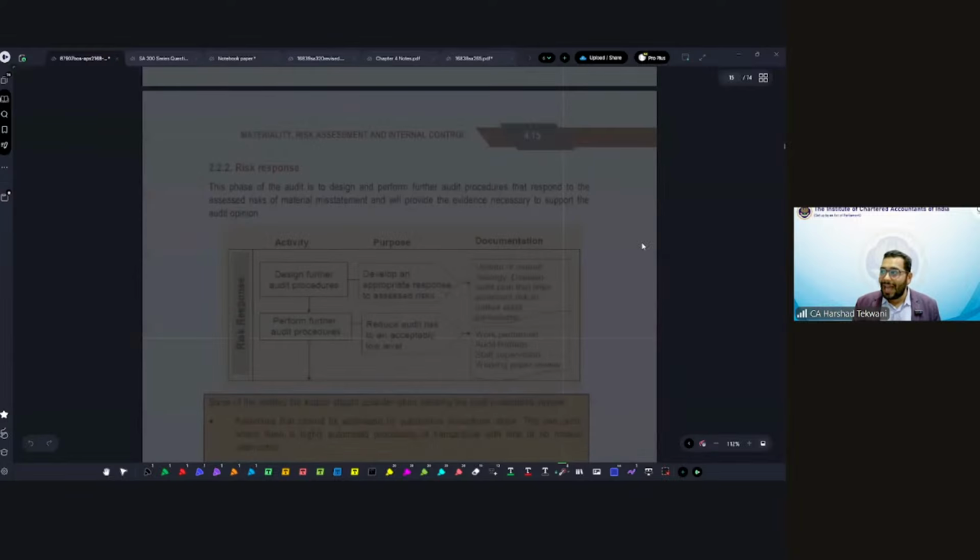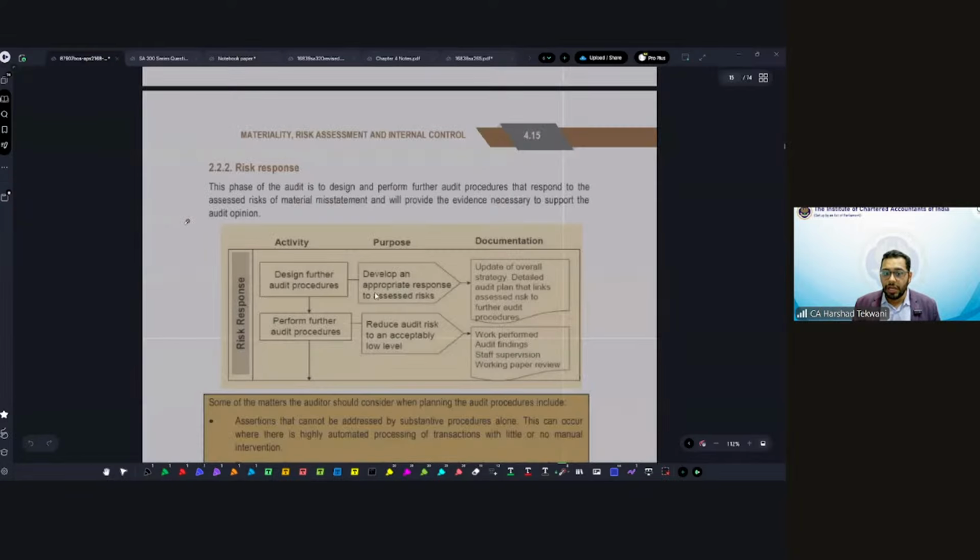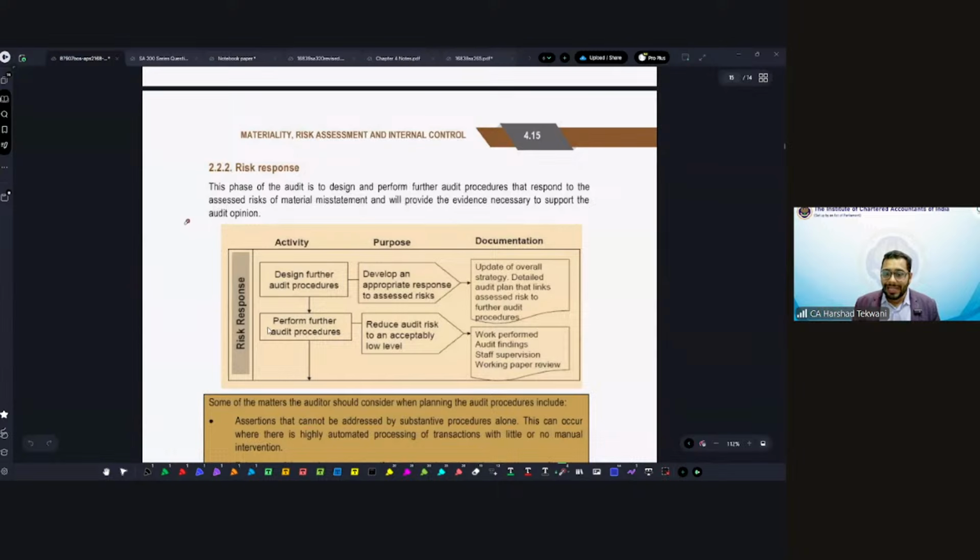You need to design the audit procedures further to understand what further risk is there. You then evaluate the risk. Let's say for example the first step was to understand the three-way match control. I designed the procedure to understand the three-way match control. Fine, I understood it. Now based on that I identified some more risks: open GRN, open PO, completeness issue over the invoices.